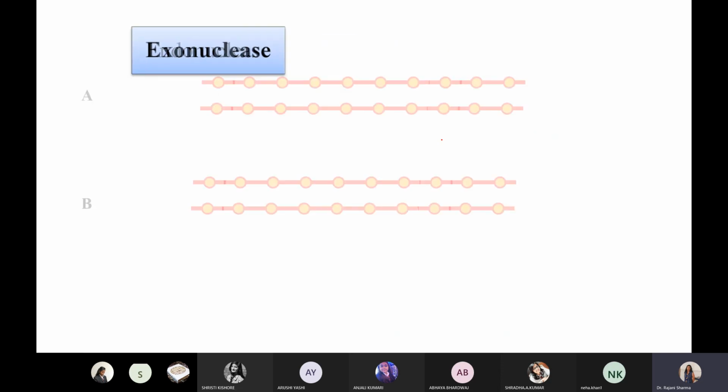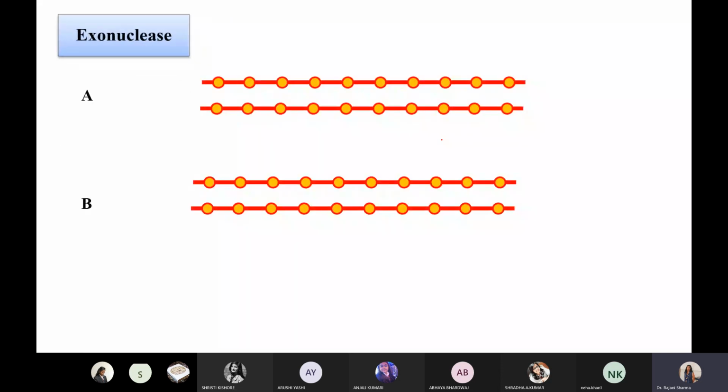Now moving toward the exonuclease. What is exonuclease? Exo, the name itself indicates from the outer side. So when the nuclease enzyme is cutting DNA or breaking the phosphodiester bond from the terminal side, that is known as exonuclease. I have given two examples.